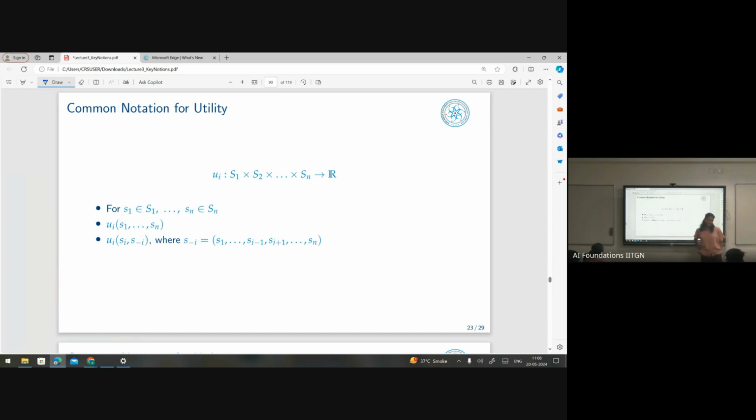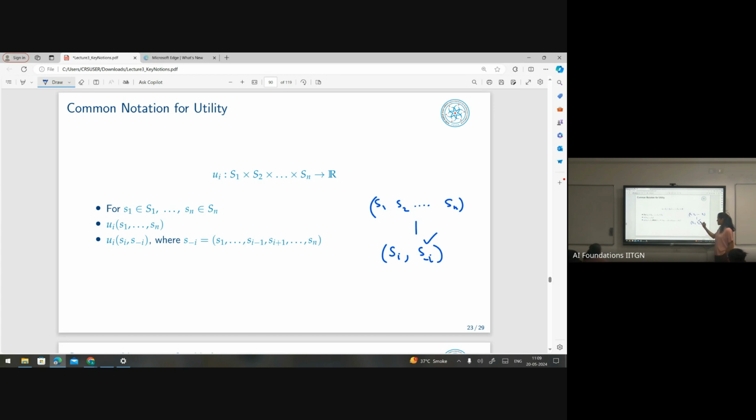So either you write s_1 up to s_n, or the same strategy profile, small s, can also be represented as s_i, s_-i. Here we are going to analyze a lot about how utility changes with the change of my strategy, given everybody else is playing something fixed.